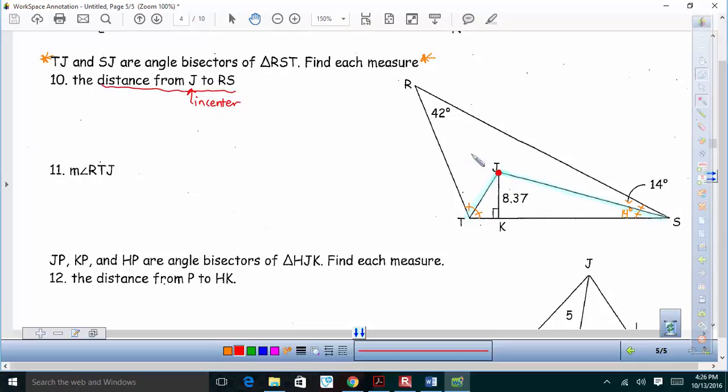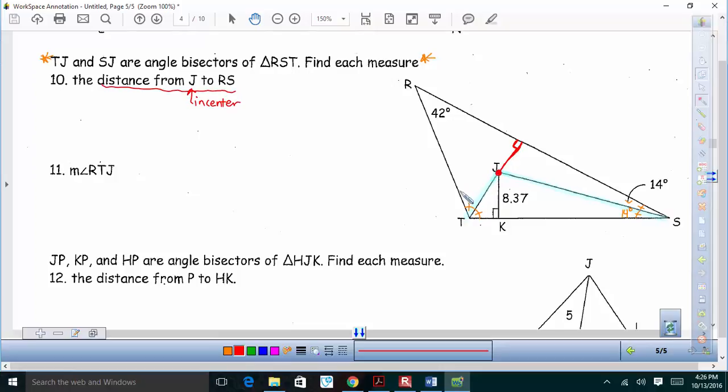Okay? And so they want me to find from J to RS. So remember, when we go from the incenter to the side, we just go straight down because it forms, I didn't make that very straight, but it forms a 90-degree angle.